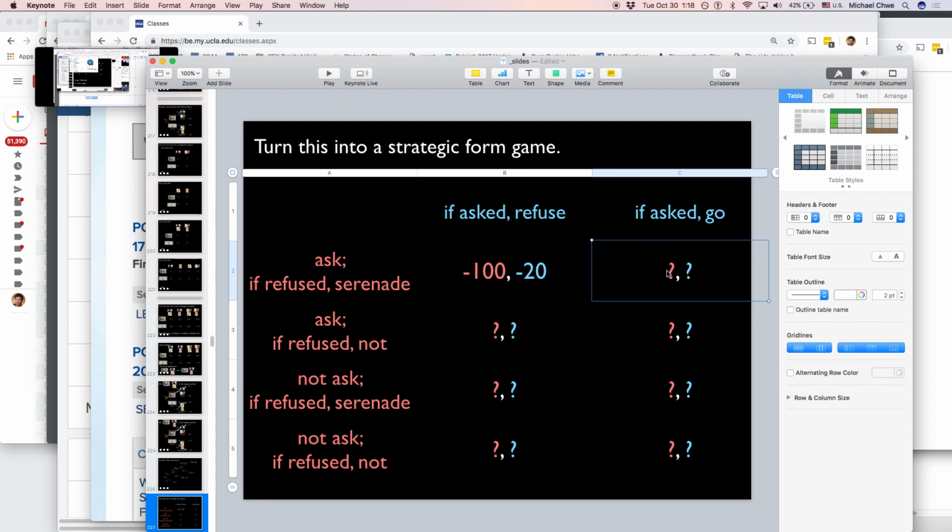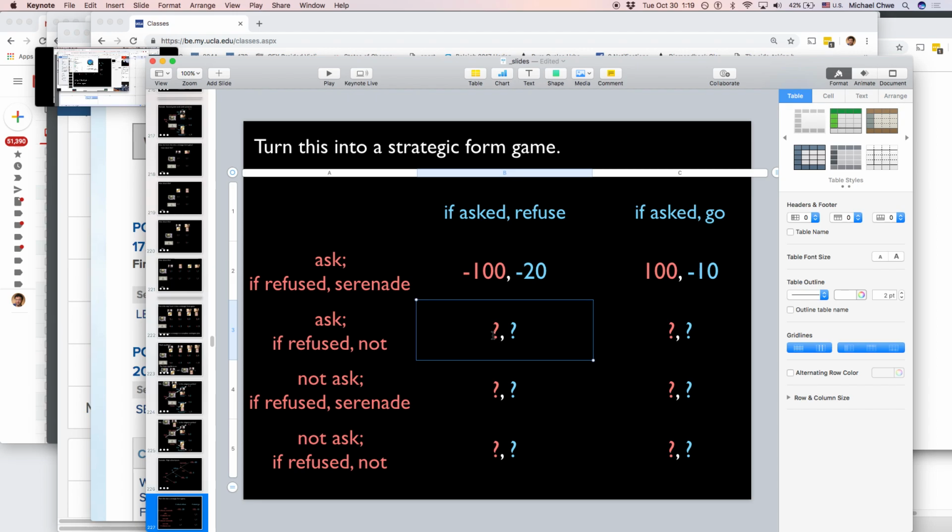This is 1 asks, and then 2 goes, right? So it's this. See that? So it's 100, minus 10. How about this? This is 1 asked, 2 refuses, and then not serenade. So this is the minus 50, minus 5.